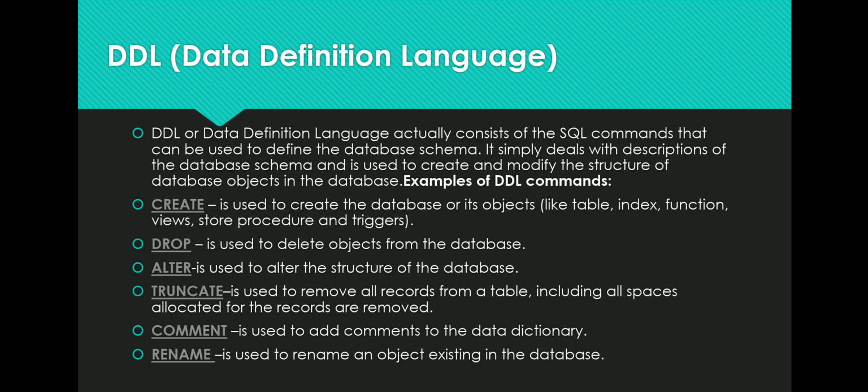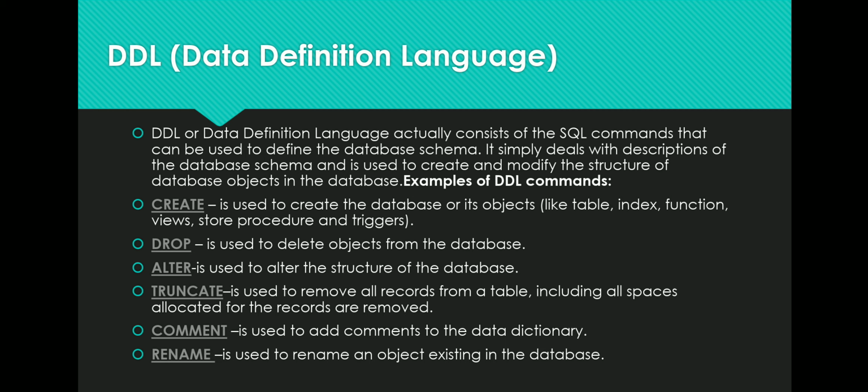DDL, Data Definition Language. DDL consists of the SQL commands that can be used to define the database schema. It simply deals with descriptions of the database schema and is used to create and modify the structure of the database objects.